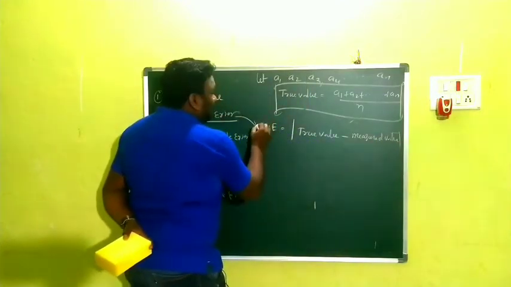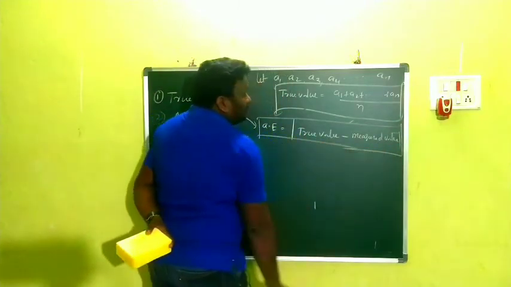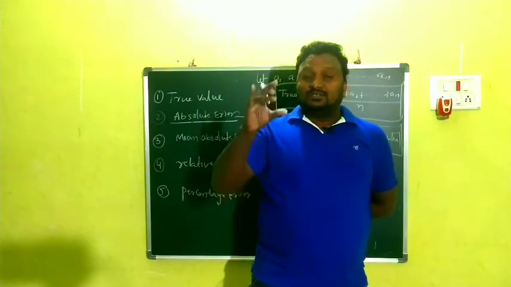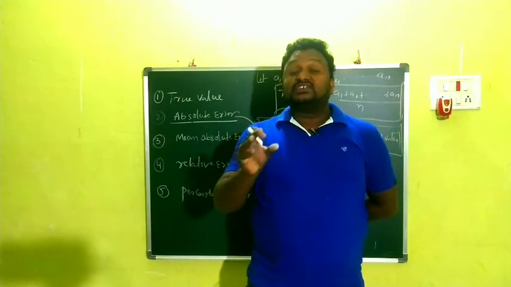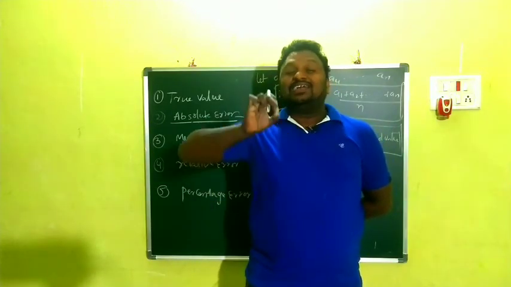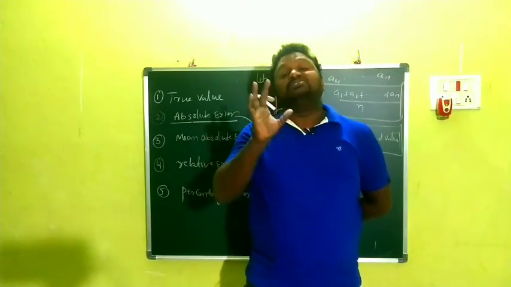That should be called absolute error. Clear, children? The magnitude of the difference of true value and measured value is called absolute error. Absolute error clearly explains how much difference there is between the true value and measured value.